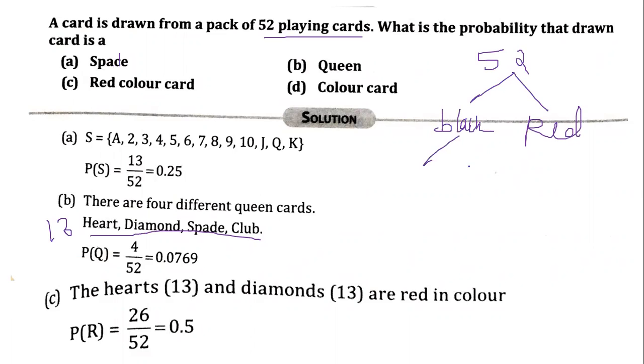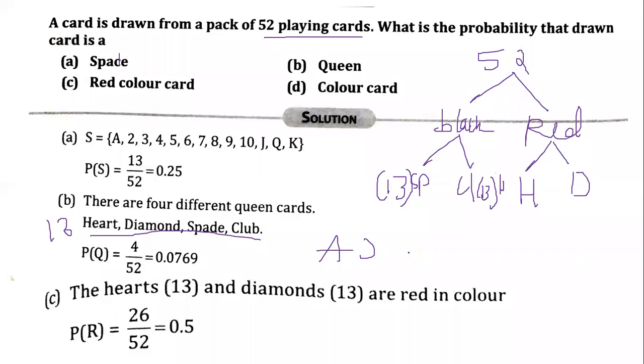Then we will have the bifurcation where we have hearts and diamonds in red color, and spade and club in black color, and for each of them we will have 13 cards where the numbers start from A, then 2, 3, 4, 5, 6, 7, 8, 9, 10, and then J, K, Q, Jack, Queen, King. This will be the numbering on the card. So this is what we understood from the previous class.